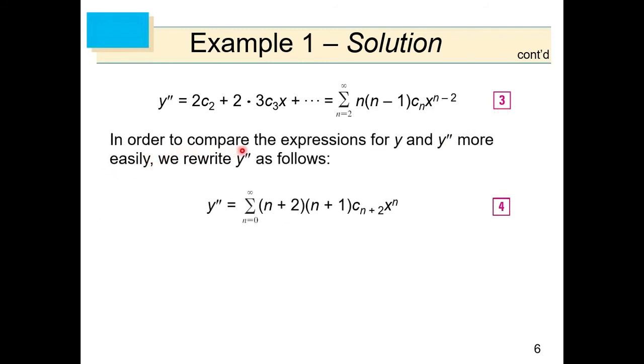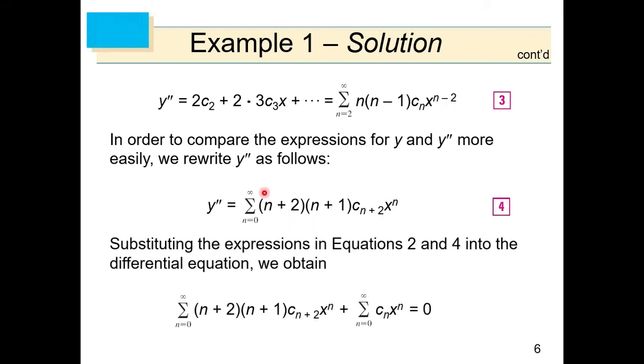In order to compare the expressions for y and y dash more easily, we rewrite the second derivative of y as follows: summation n is equal to 0 to infinity of n plus 2 into n plus 1 into cn plus 2 into x raised to n, equation number 4.